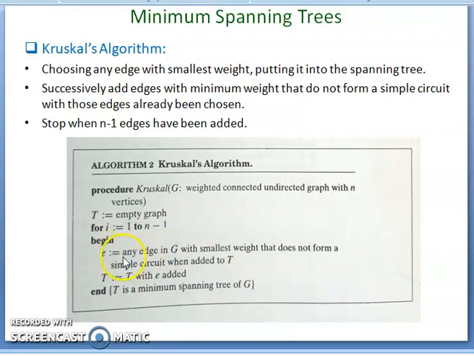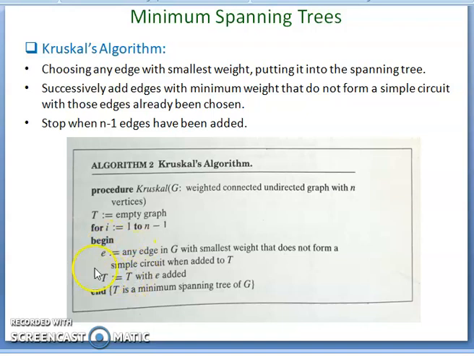Consider an edge E, any edge in G with the smallest weight, with the condition that it does not form a simple circuit when added to T. If you consider the particular edge, verify whether a circuit is formed or not. If there is no circuit, with the smallest weight, you consider it and add it to the spanning tree.